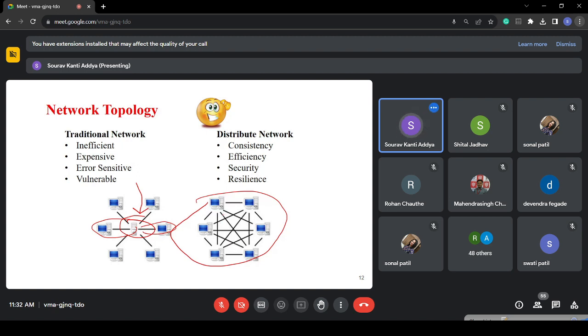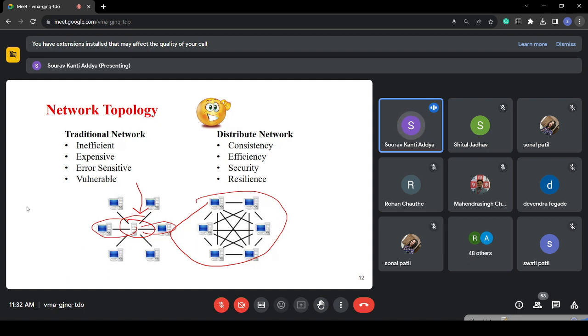So in that sense, this kind of distributed network is generally useful. Why? Because every node is a peer of other nodes. So if there are n number of nodes in your network, the number of links, or degree, of any node will be n-1. But creating this kind of network is always costly.